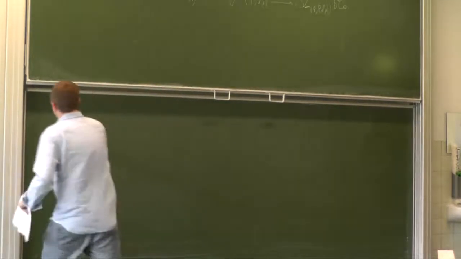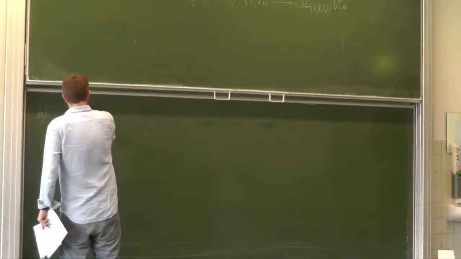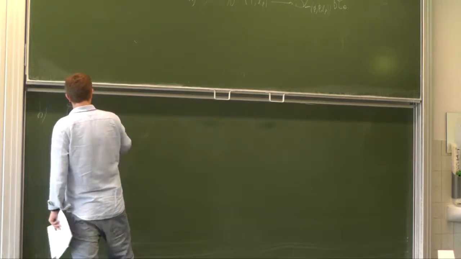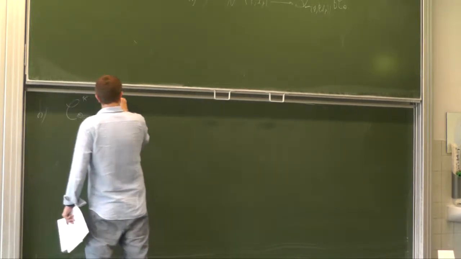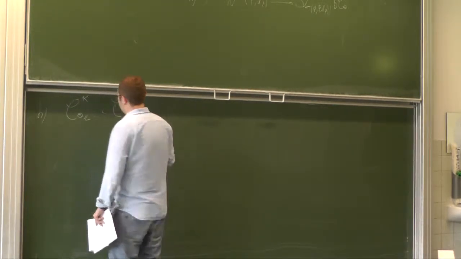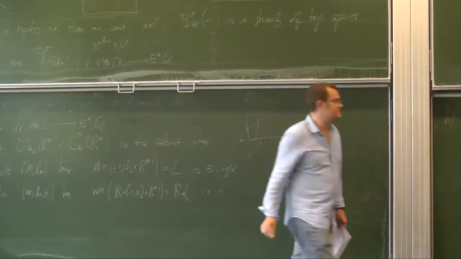Okay. So the second one is C_theta^{L,kappa}. It will be a subcategory of C_theta. So whenever I don't write R^n, I mean I take the limit over n going to infinity.